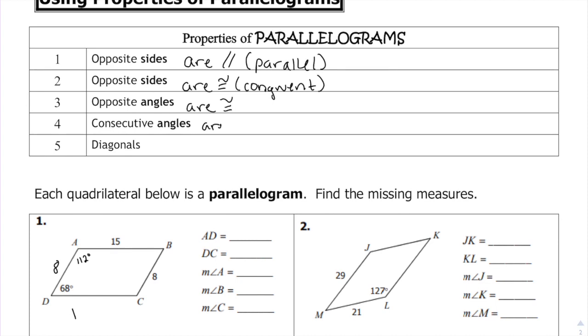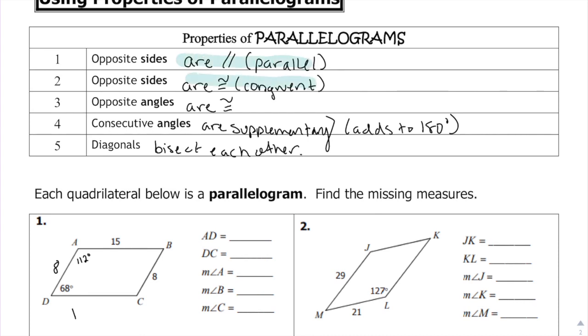Consecutive angles are supplementary, and that adds to 180. And then diagonals bisect each other, so split them in half.